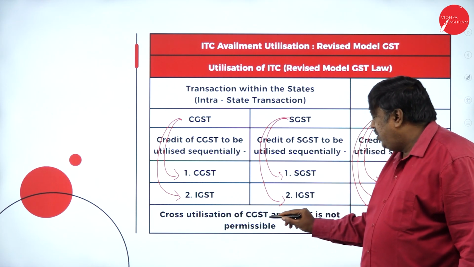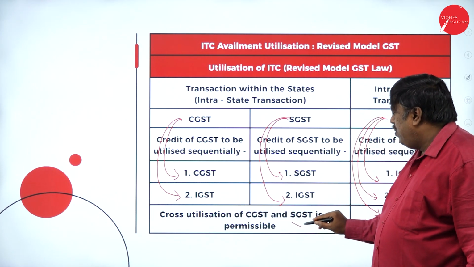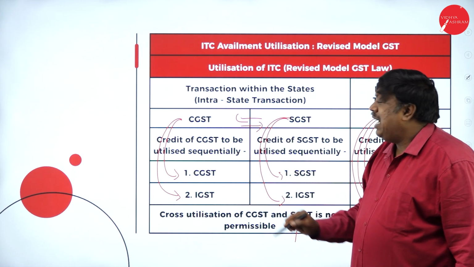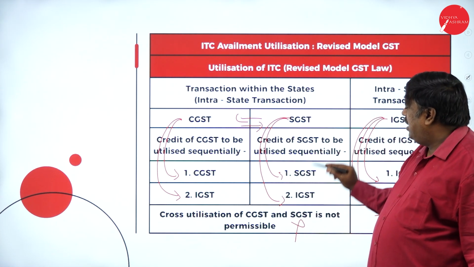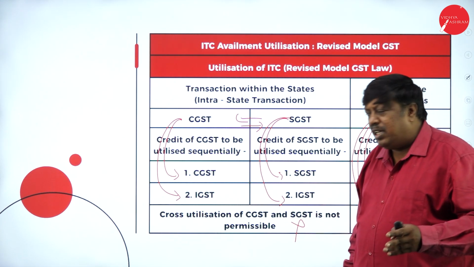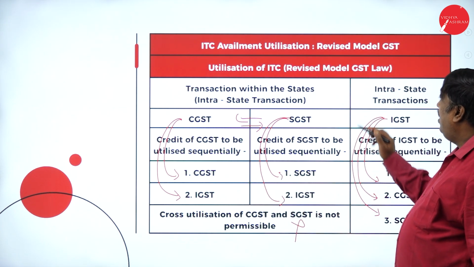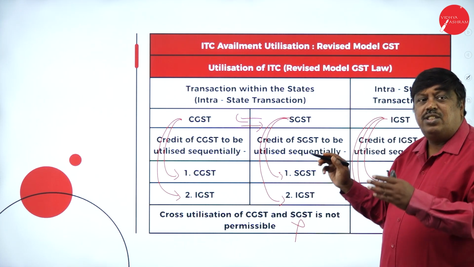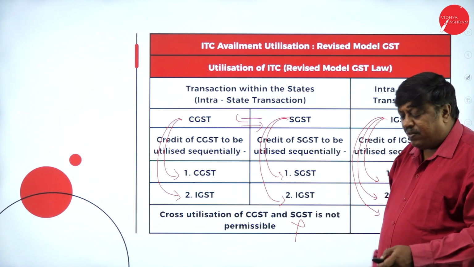Cross utilization of CGST and SGST is not permissible, means these two cannot be adjusted with each other. Only it can be adjusted with IGST, not with the other part here. So this is the concept we have under the revised model law as per the GST Council 2017.